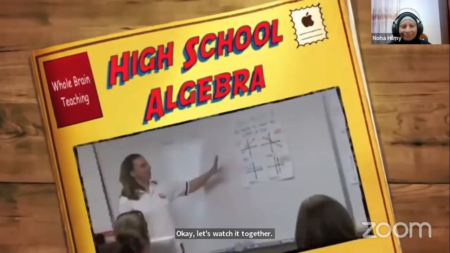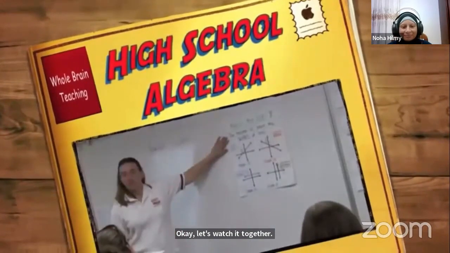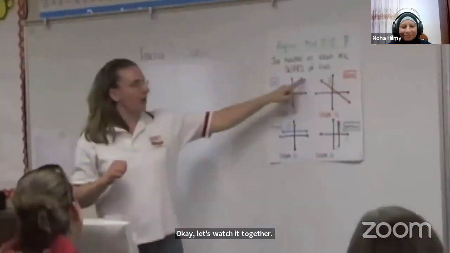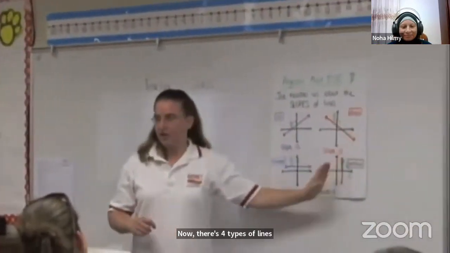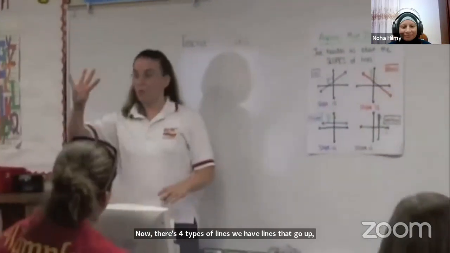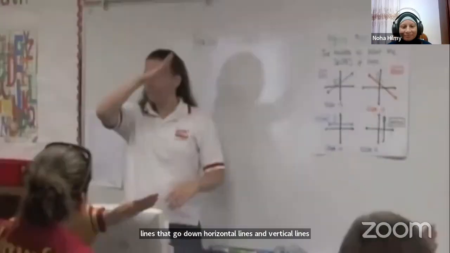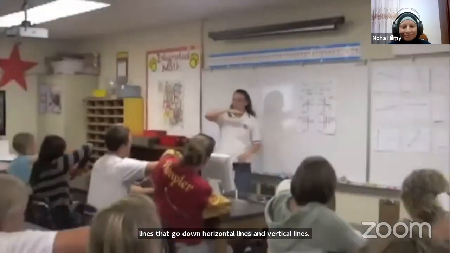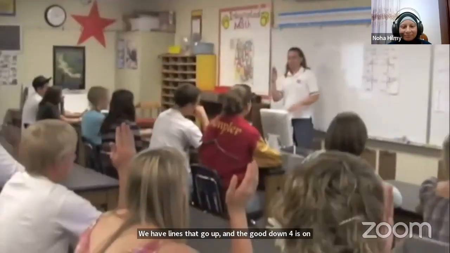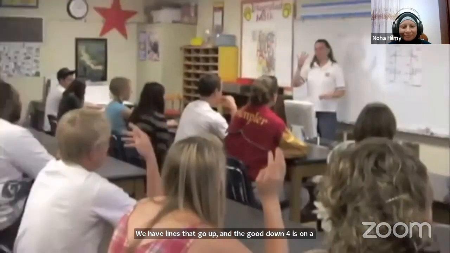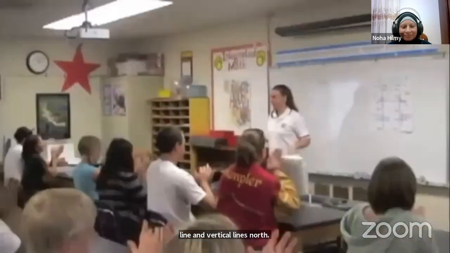Class? Yes. Today we're going to learn about the slopes of lines. Now, there's 4 types of lines. We have lines that go up, lines that go down, horizontal lines, and vertical lines. Mirror me, please. So there's 4 types of lines. We have lines that go up, lines that go down, horizontal lines, and vertical lines. North, I'd like you to tell the South about the 4 types of lines we have.